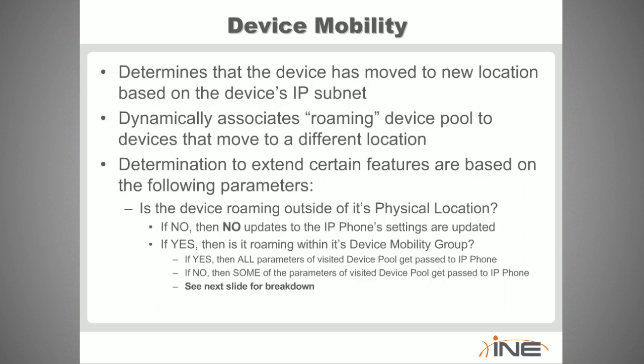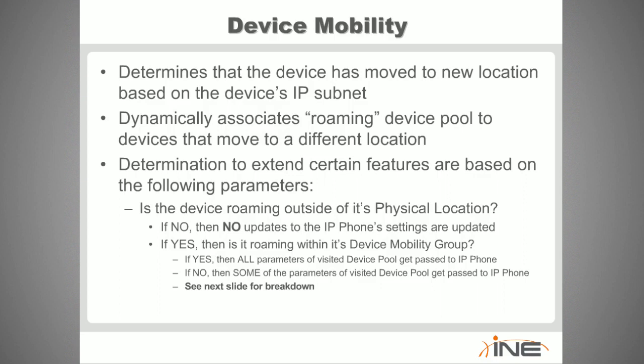So I get to my, for lack of a better term, roaming subnet, certainly not my home subnet. A new device pool is associated with this subnet. However, it's tied to the same physical location.